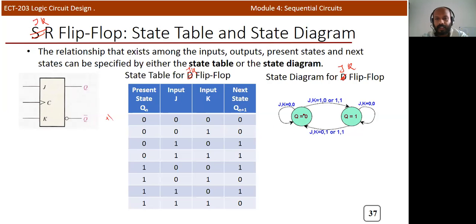Assume that Q is 0. If Q is 0 and the JK inputs are 0 0, the next state is exactly the same. So we can see that the transition goes back to the same state. And when it is 0 and the JK input is 0 1, it goes to the 0 state again.